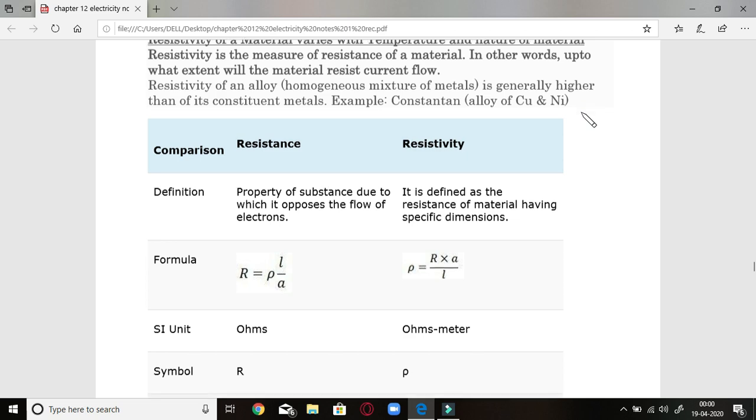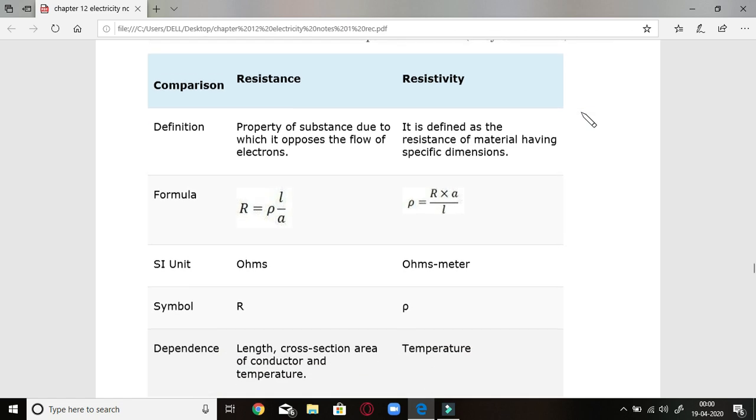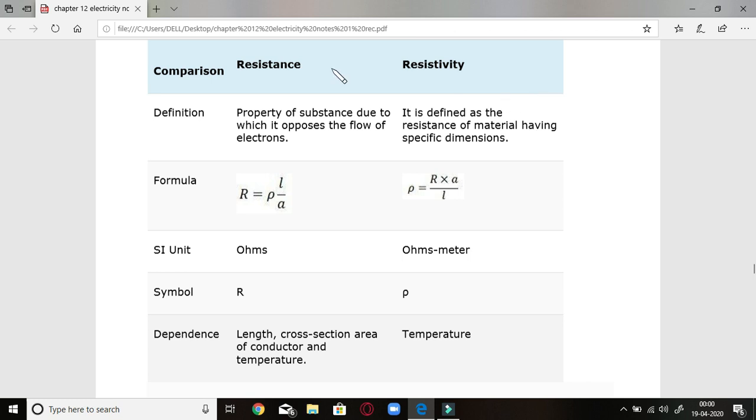Right, let us see the difference between resistance and resistivity. First of all, definition. Resistance is the property of a substance due to which it opposes the flow of electrons, whereas resistivity is the resistance of a material with specific dimensions, meaning 1 meter square area and 1 meter of length. Even the formula is different.